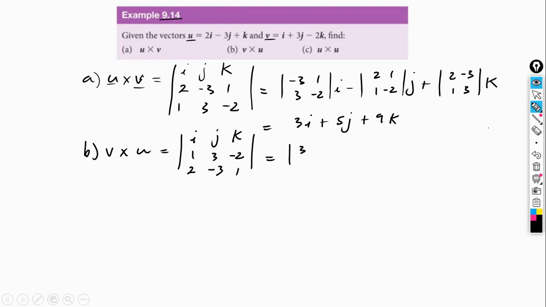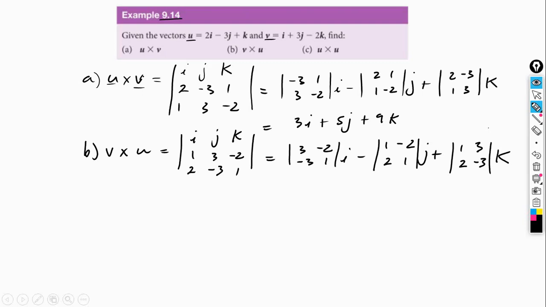3, -2, and then -3 and 1 times i, minus 1, -2, 2 and 1 for j, plus 1, 3, 2, and -3 for k.